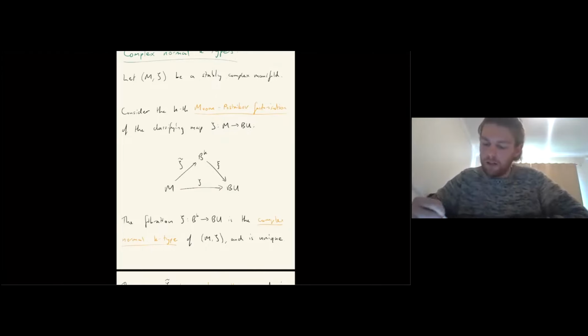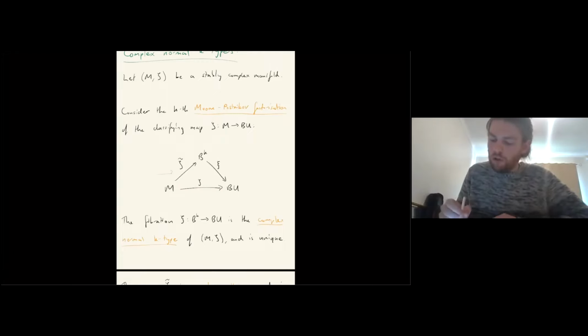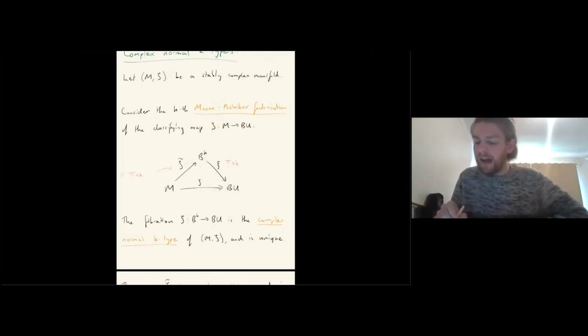The idea is that you take your classifying map, M to BU, and you make it so that the maps are, roughly up to k, isomorphisms on homotopy groups for this map, and roughly above k, you get isomorphisms on homotopy groups for this map.